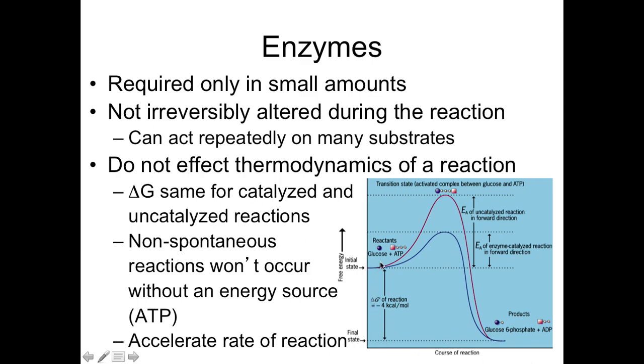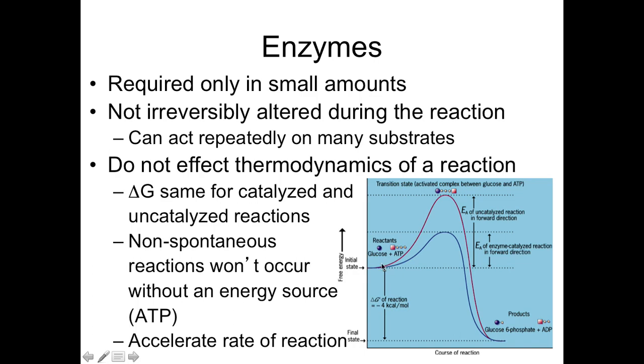So the free energy of each of the molecules will be plotted. So you have your reactants, and they have this amount of energy, and you have your products, and they have this amount of energy.